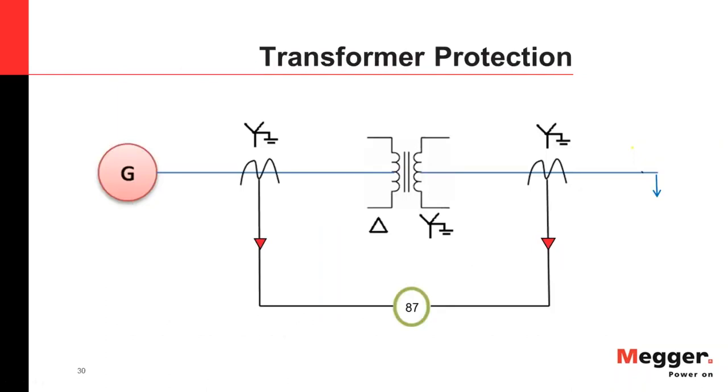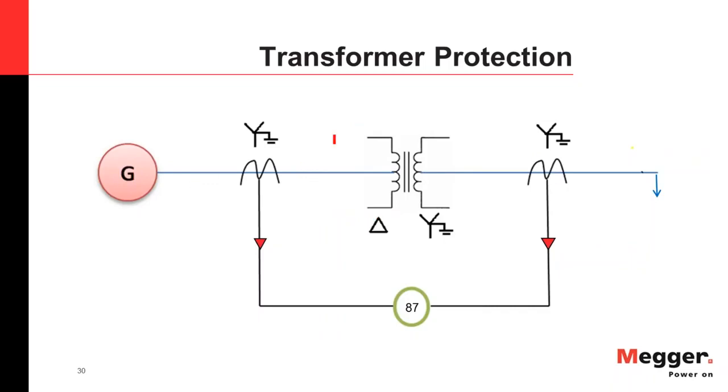Now we have talked about motor. Let's see how this sequence component theory applies in a transformer. I've taken a classic example of transformer differential, and this is how my system looks. It's a generator.